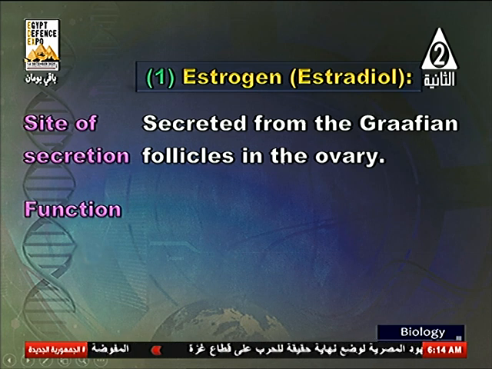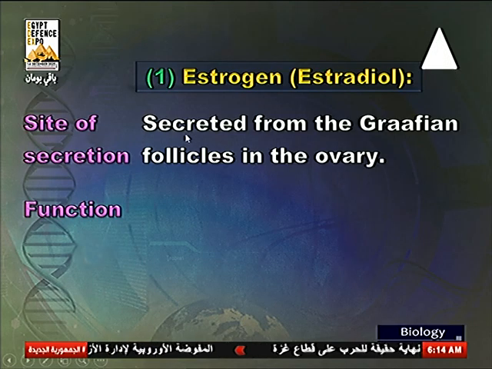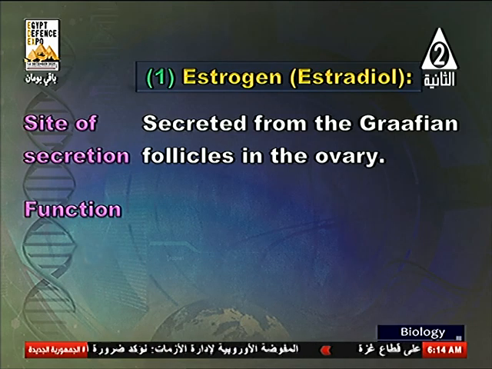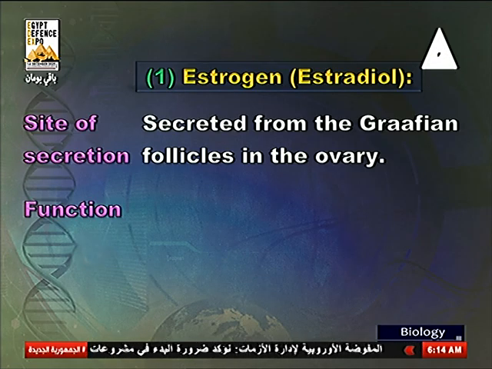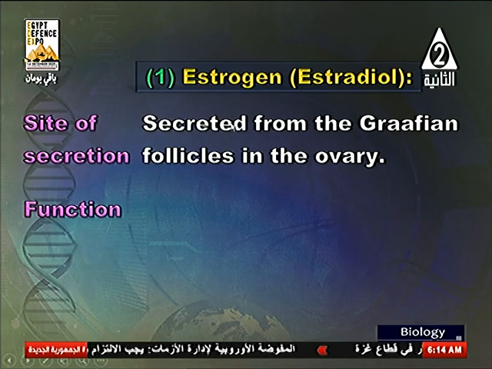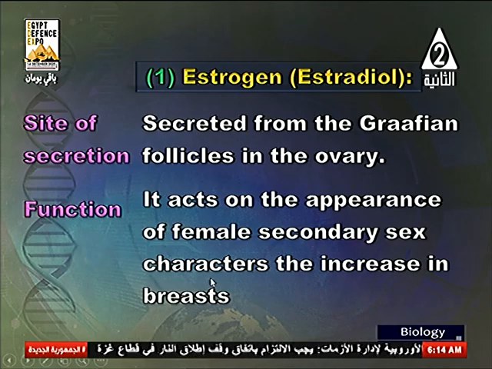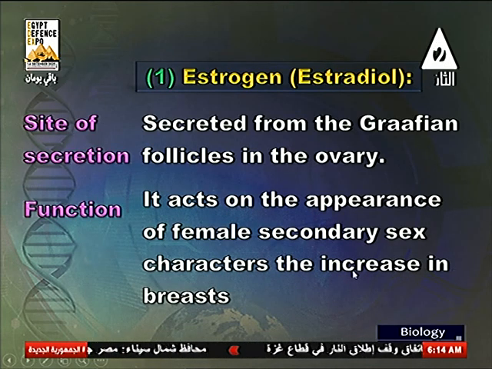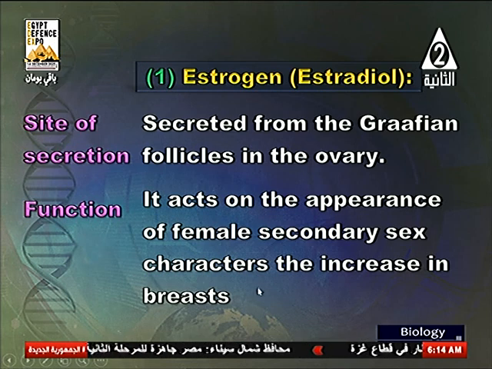We need gonad hormones in the chapter of reproduction, so you need to study them very hard to understand that chapter. Estrogen acts on the appearance of female secondary sex characters, such as enlargement of the breast.